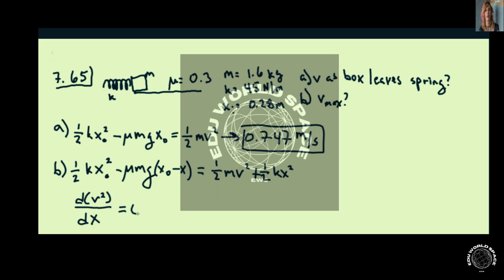So anyway, we want to maximize it, so we set the derivative to 0. Evaluating the derivative, we get negative 2 k x plus 2 mu m g.